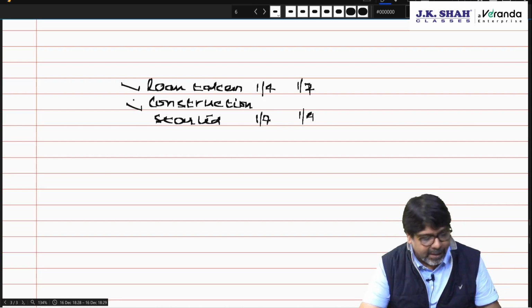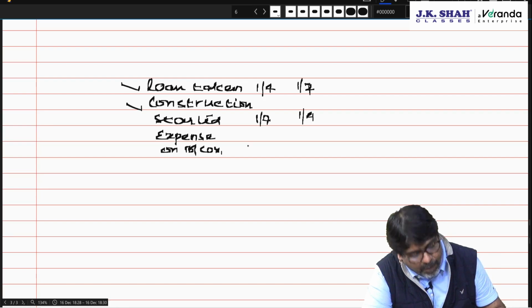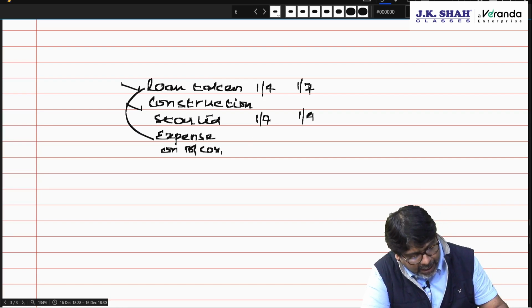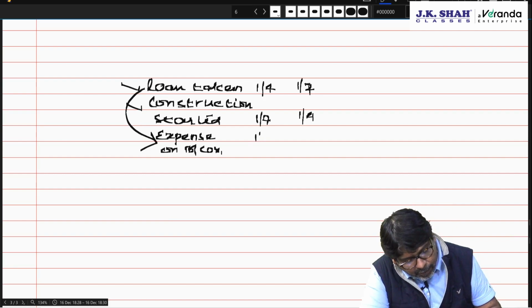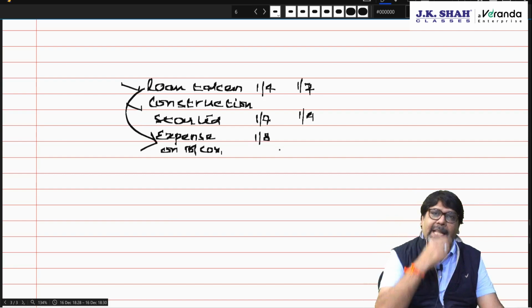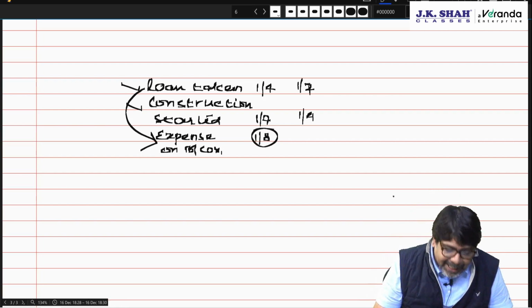Now the third element. Suppose construction started, but expenses on borrowing cost, this loan money I started using in the construction from 1st of August. Then capitalization should start from 1st of August. Exactly.